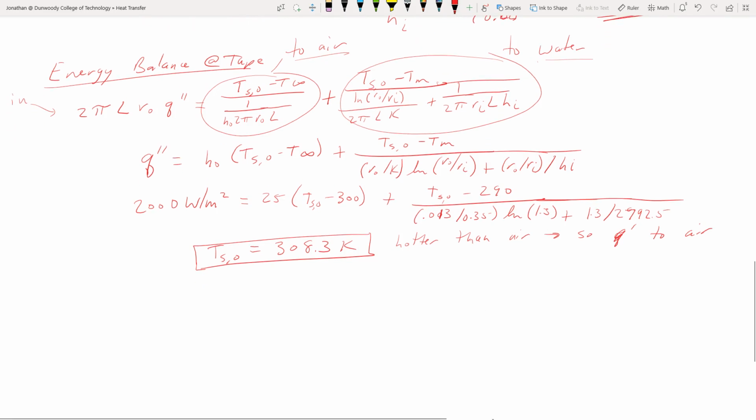What else does that tell us? Now we need to go back through. We can either calculate how much heat flow goes this direction into our water directly, or we could do this one, which is slightly easier now that we know this value, and calculate this value, divide by our 2,000, and then subtract that away from 1, and that will tell us how much we get flowing into the water. Right, so we're going to do an energy balance.